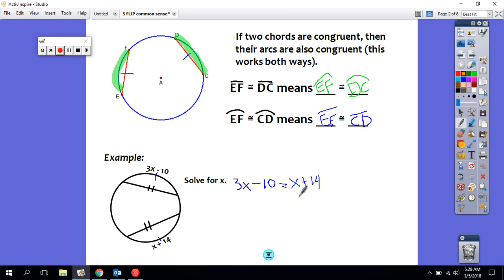So I want to get the x's together, so subtract x. And again, sorry that it's a little bit messy, y'all. 3x minus x would give me 2x. So 2x minus 10 equals 14. And then add 10 to both sides.